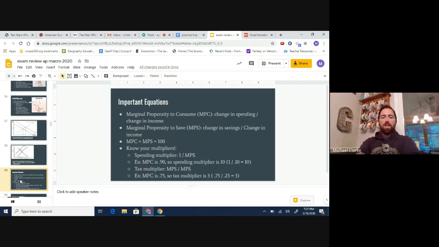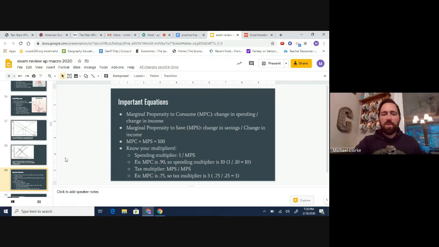Then, last but not least, know your equations. If the government wanted to increase taxes, increase spending, or vice versa, there have to be methods that economists can use to predict the effect of a tax increase on GDP or a spending increase on GDP. What they base it on are people's spending habits.